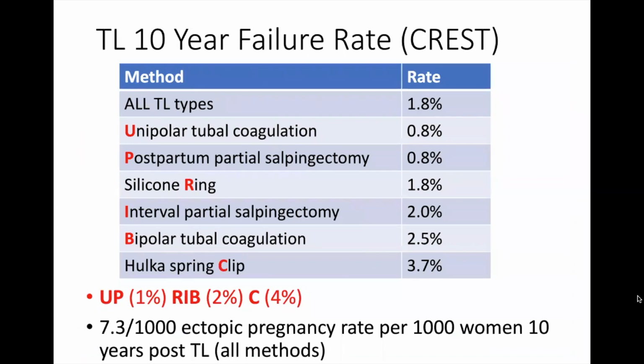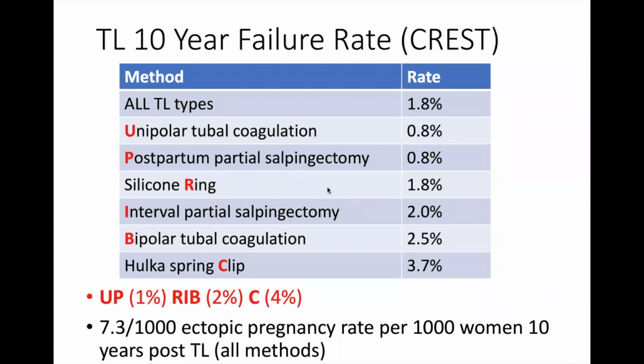So tubal ligation 10-year failure rate. This is the types of tubal ligations that we do and the failure rate of each type. With the unipolar tubal coagulation, it's about 0.8%. Postpartum partial salpingectomy, it's about 0.8%.